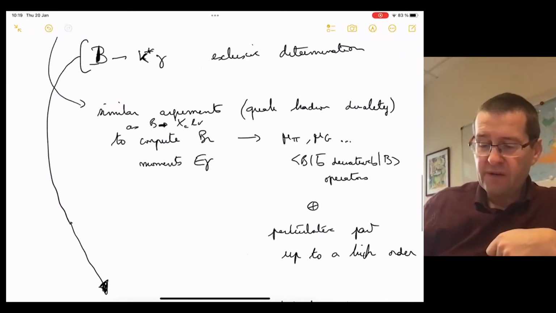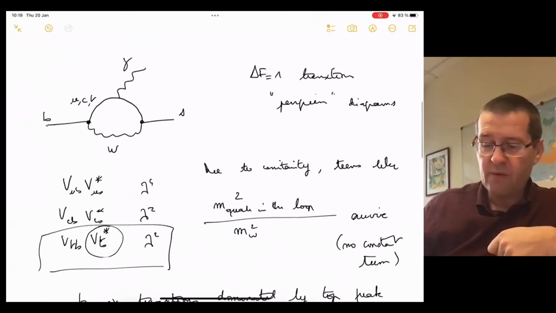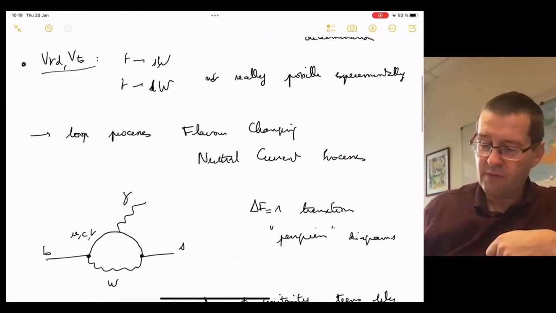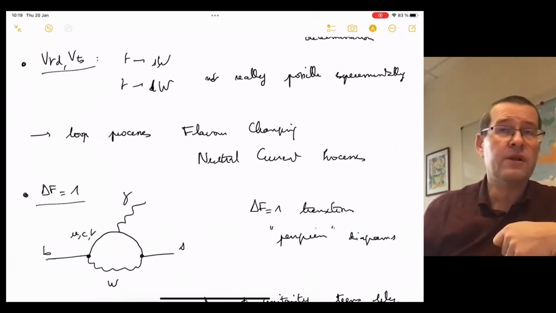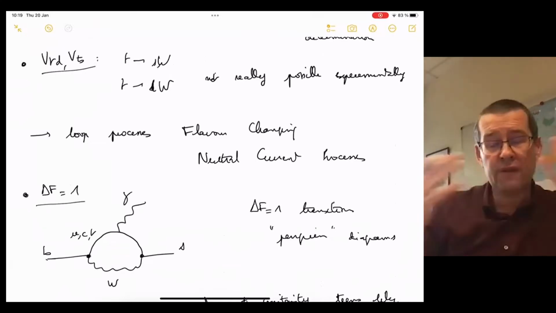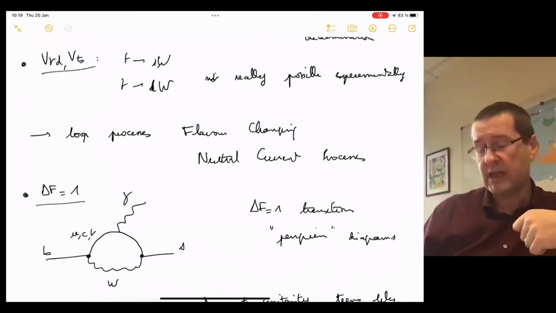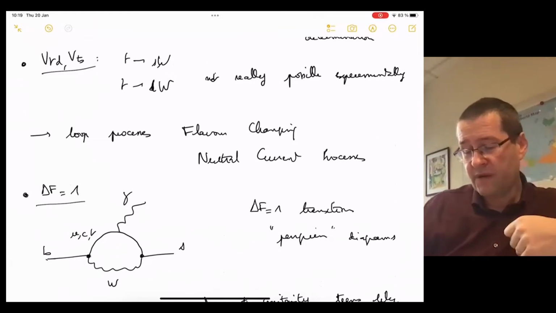So there is another possibility, and that will also be useful when we discuss CP violation, because for the moment I was just discussing the moduli, not the phases. At some point I will have to discuss them.